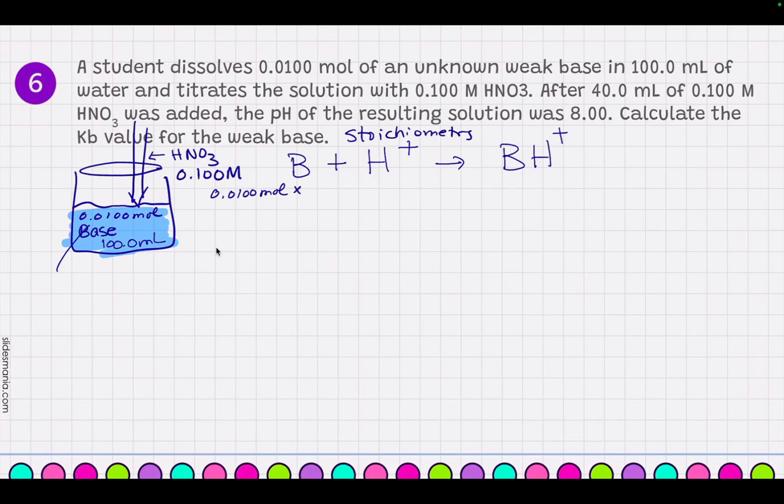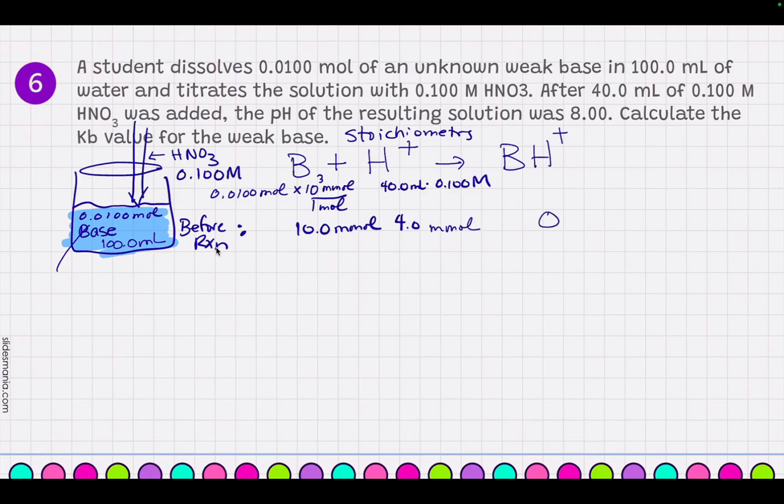You don't have to do this, but I want to keep everything in millimoles. Before the reaction has happened, that gives me 10 millimoles of base. And then the acid, you can see in the question, you're using 40 mL and it's 0.1 molar.